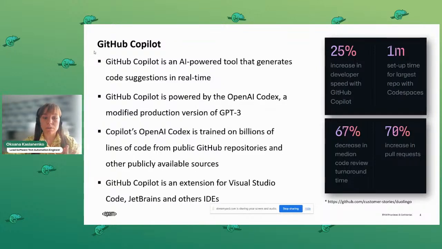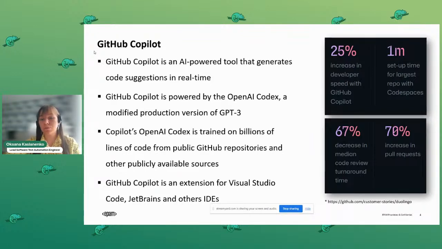GitHub Copilot, as any artificial intelligence tool, needs to be trained somewhere, and it uses different code bases from different public repos like GitHub, for instance, or others. And I would like to note that GitHub Copilot is an extension for any IDE like JetBrains, Visual Studio, etc.